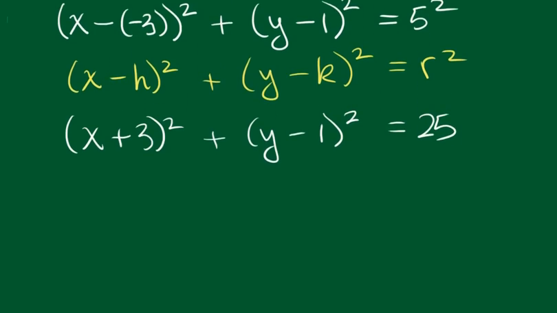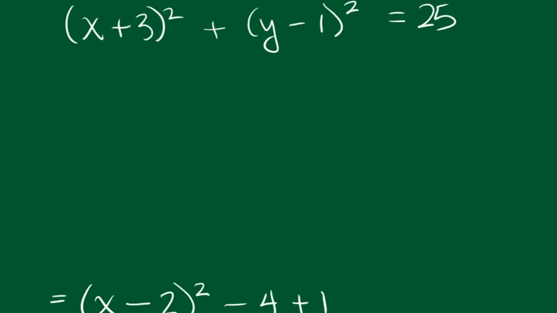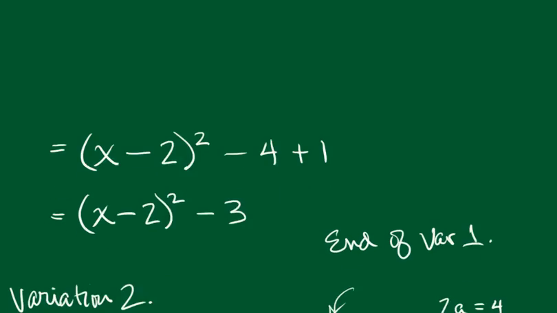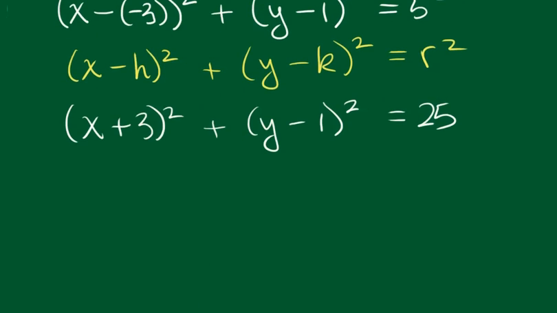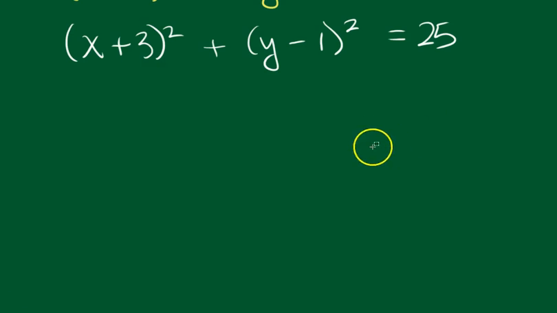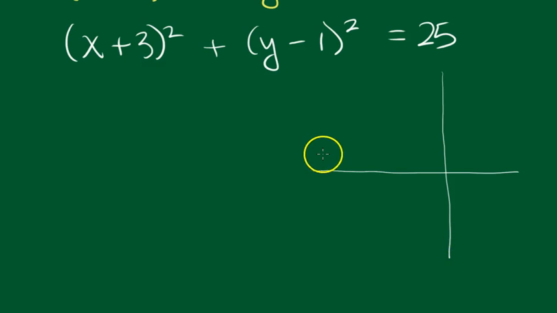And to draw this, where'd that come from? Hang on. Okay, so I'm going to graph this one, this circle. So I have the center at -3, 1 here.